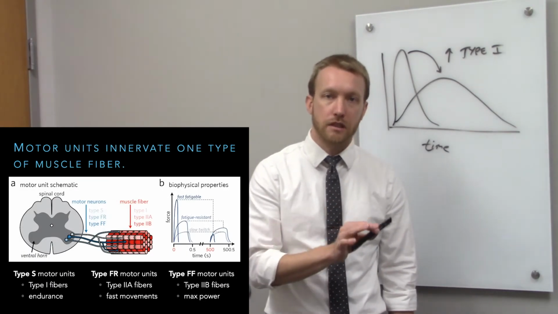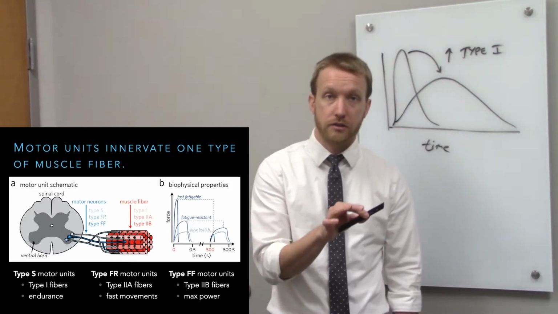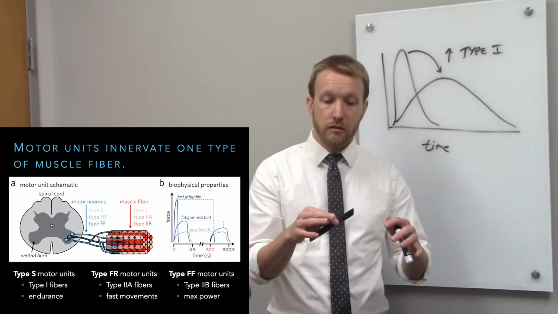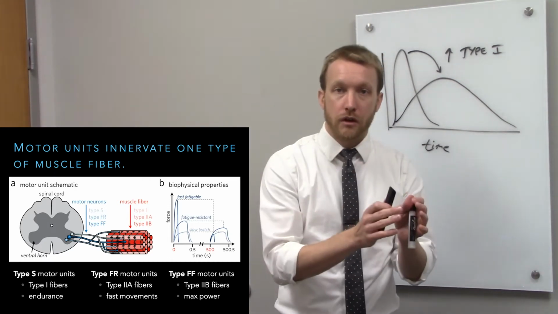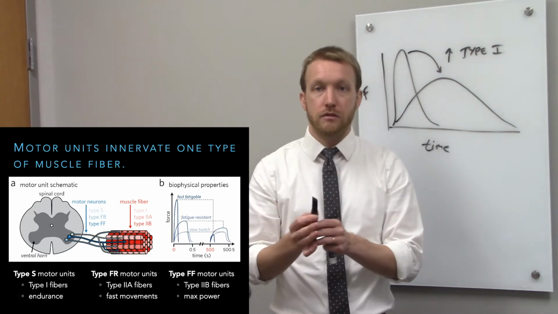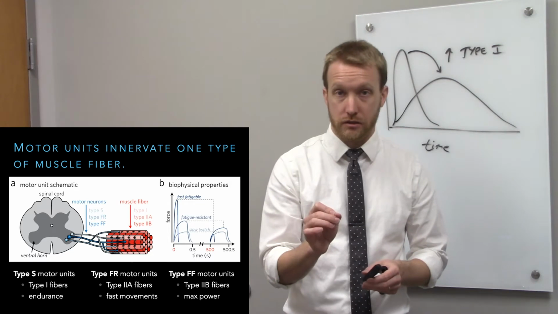And the type of muscle that's innervated relates to the type of motor neuron that innervates it. So what's quite, I think, surprising is that different types of muscle fibers tend to be targeted by different sized motor neurons.